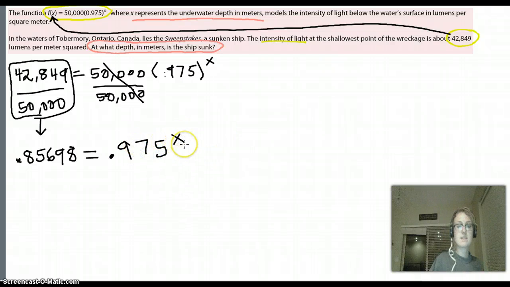Now, what do we do to get this x down? What I like to do is just take the logarithm of both sides. I always use the natural logarithm, ln, because it's usually listed in a calculator.